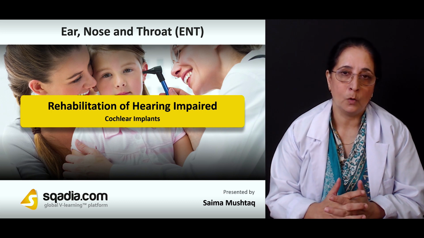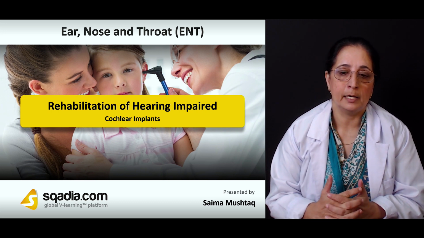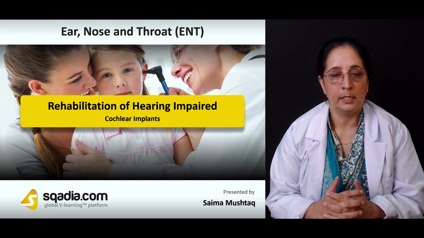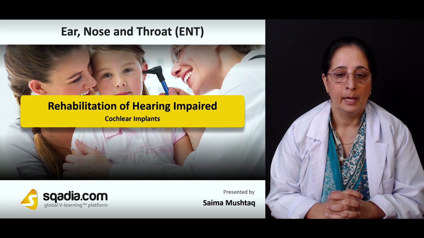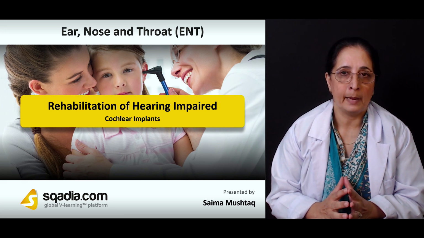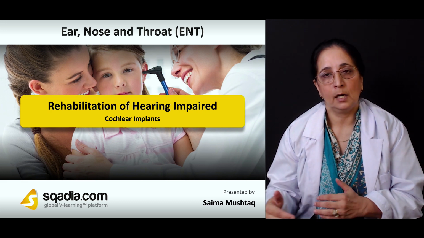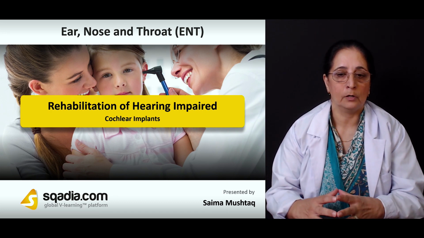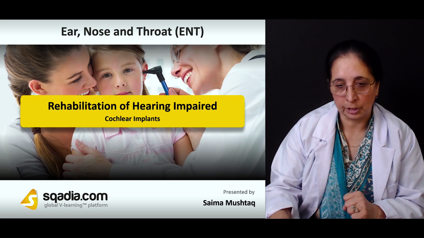Then what are the outcomes of the procedure and evaluation of the patient. Then we will talk about the surgery performed and how mapping can be done, and what are the complications of the procedure. So all this we will talk about in this section now.